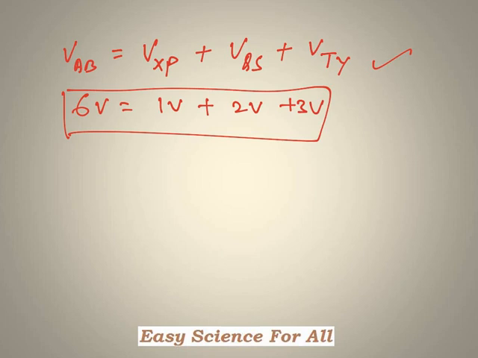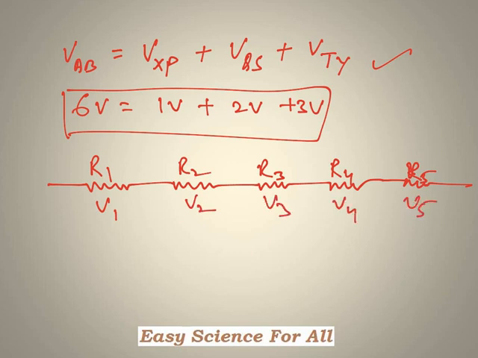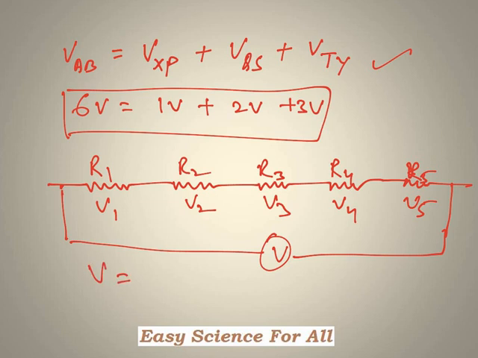In general, if more than three resistances are connected in series, let us say R1, R2, R3, R4, R5 and so on, and V1, V2, V3, V4, V5 is the potential difference across these individual resistances, and the potential difference between this point and this point is V. Then you can write it like this, that V is equal to the sum of potential differences across individual resistances.